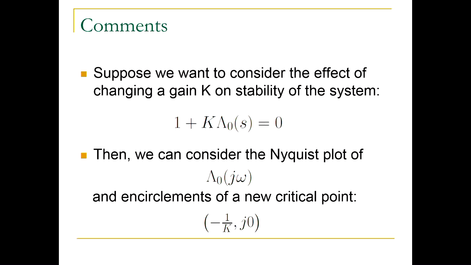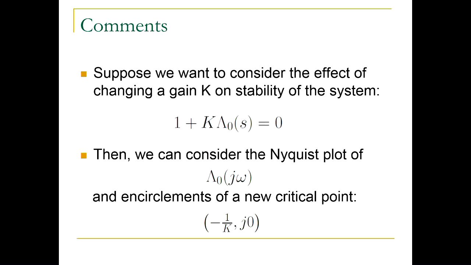You can do this by plotting lambda 0 of j omega, but then you're looking at a slightly modified critical point. The critical point is then minus 1 over k, j0. Now you may ask yourself, why is that? Well, when k is non-zero, I divide everything by k, so I have 1 over k here. So your critical point is minus 1 over k.